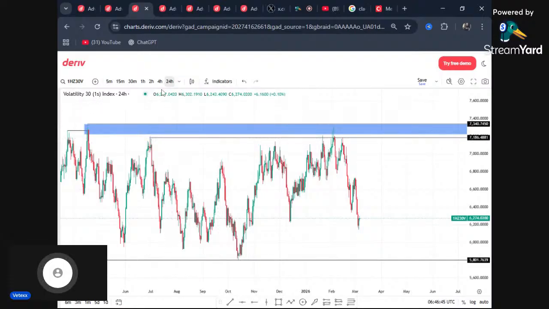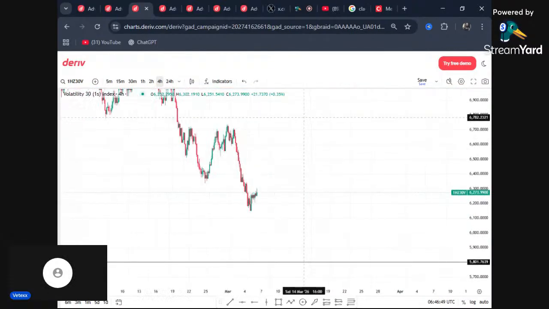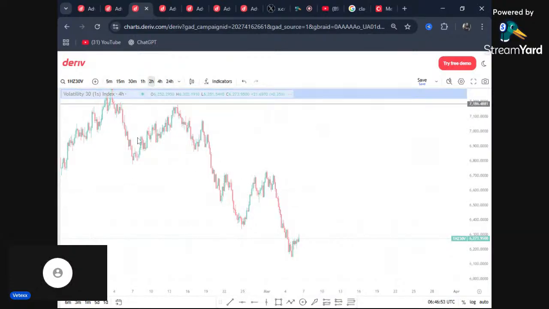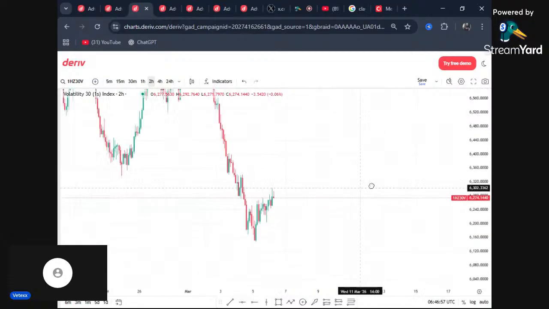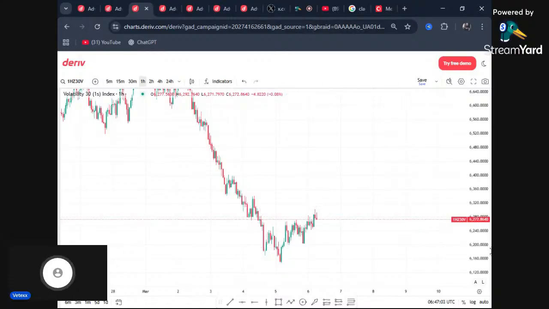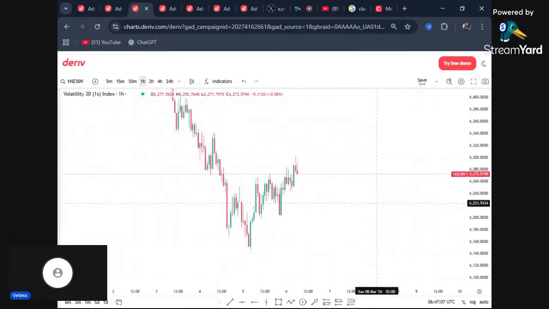All right, so we'll go to the 4-hour time frame to see if we have any continuation. There's nothing here on the 4-hour time frame. Let's go to the 2-hour time frame. There's nothing on the 2-hour. So what's the next time frame we're going to check? Let's check the 1-hour time frame.